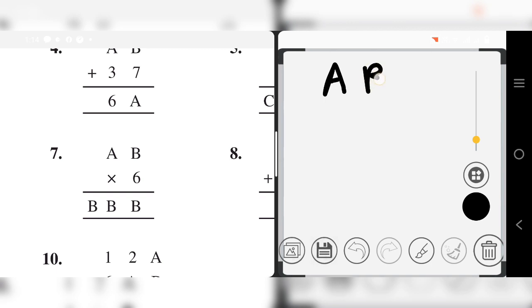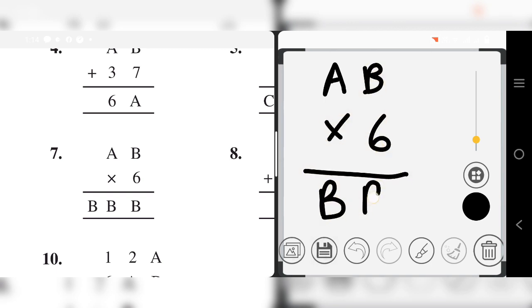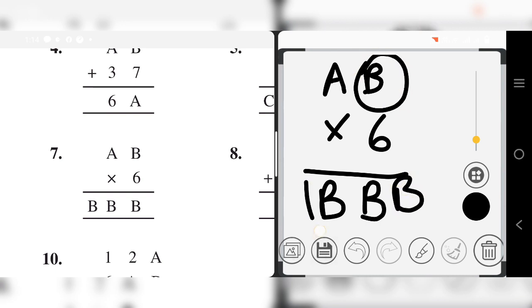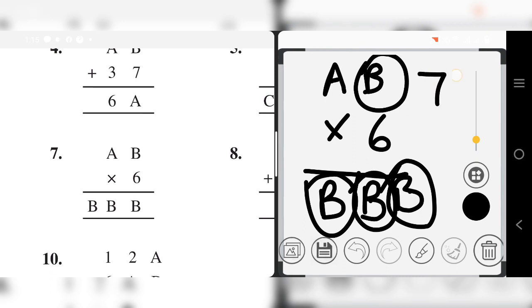The seventh one. AB into 6 is equal to BBB. So here in the question, what we took as B should be in the answer, B repeated 3 times. There is one number called 74.